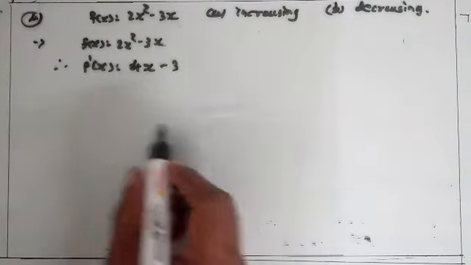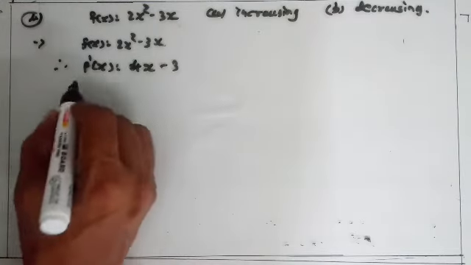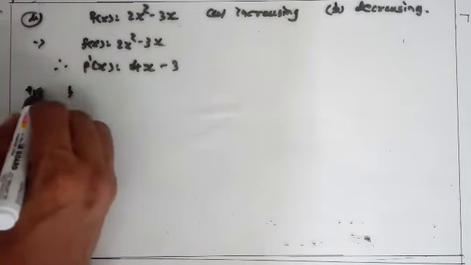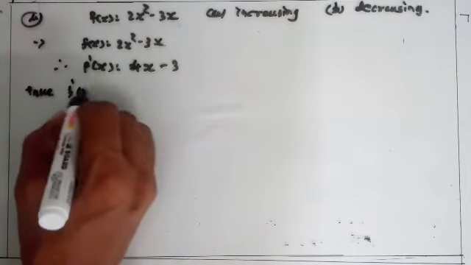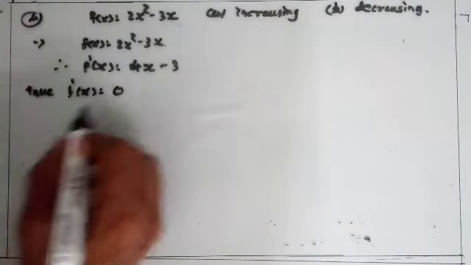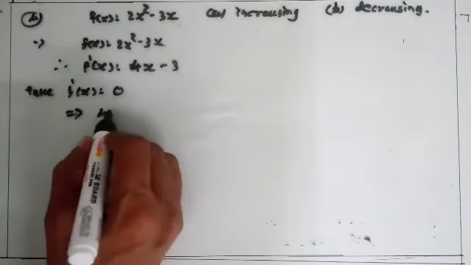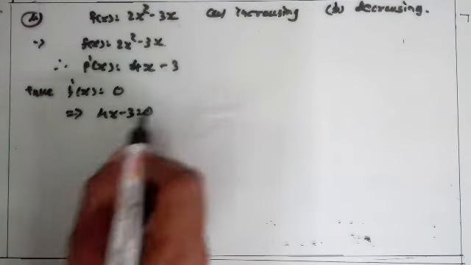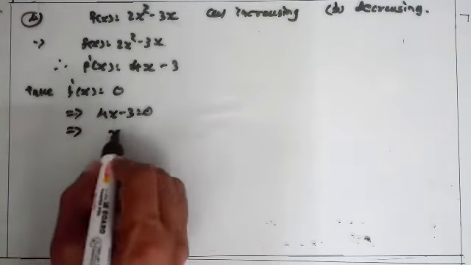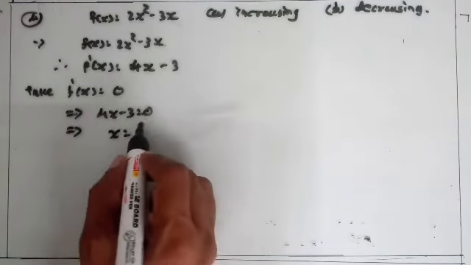Clear? So take f'(x) = 0. This implies 4x − 3 = 0, so x = 3/4.